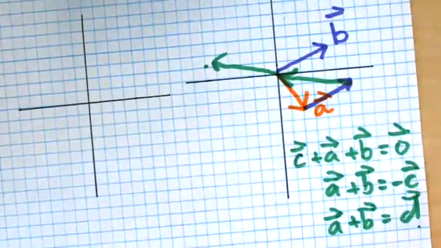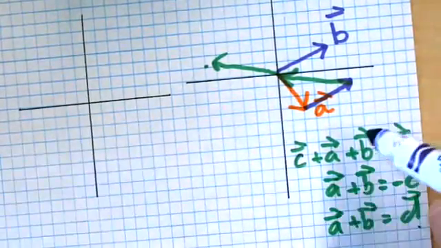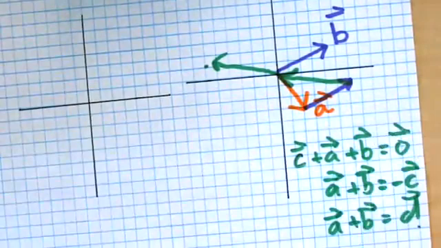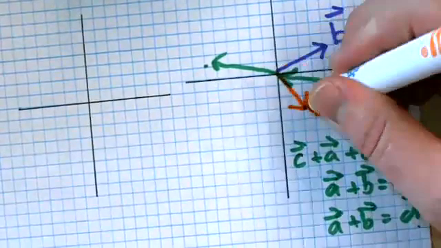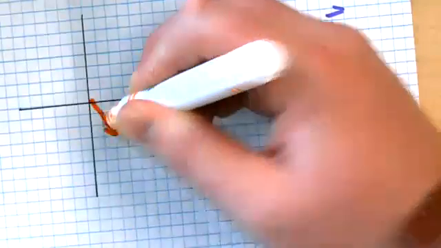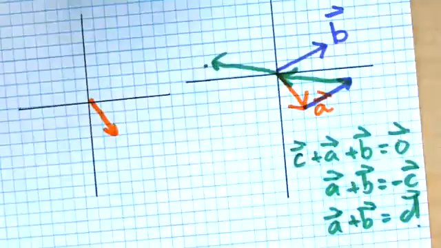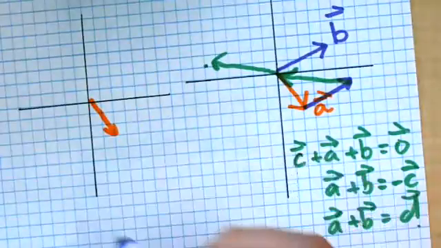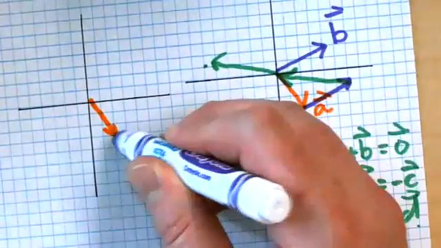So we're going to do A first. My A was my orange one. Where's my orange marker? So A was over 2 down 3. And at the end of that, we'll tack B on. And B was over 4 up 2.